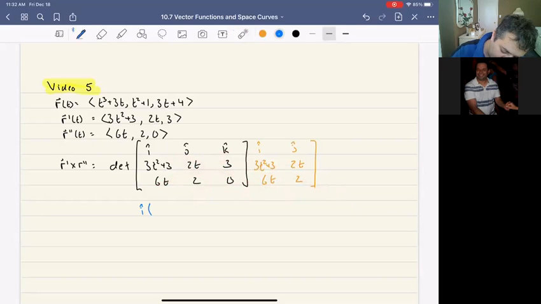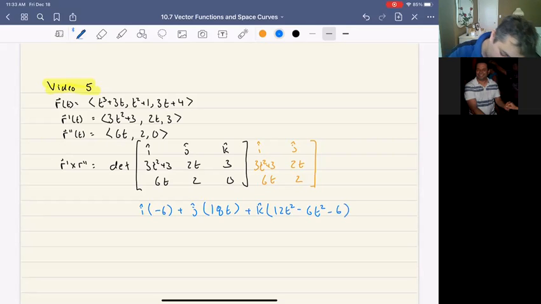Okay, so i is going to have 0, minus 6, plus j hat, that's going to be 18t, minus 0, plus k hat, that's going to be 12t squared minus 6t squared minus 6.